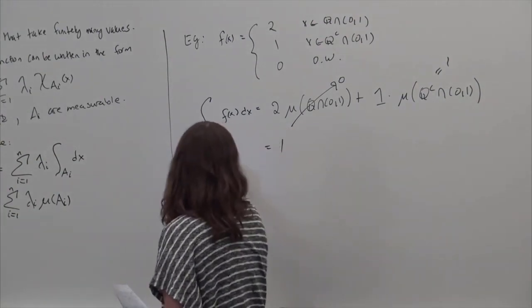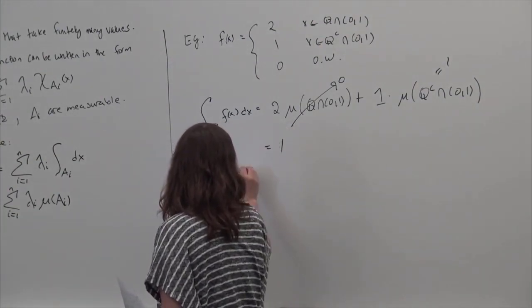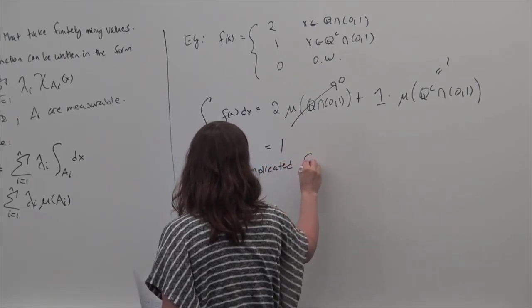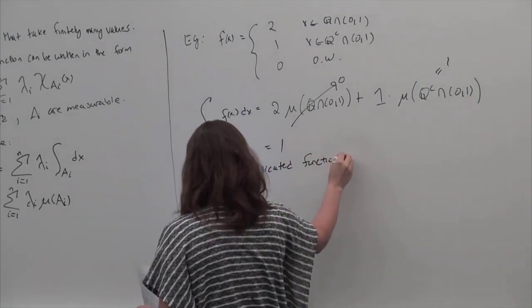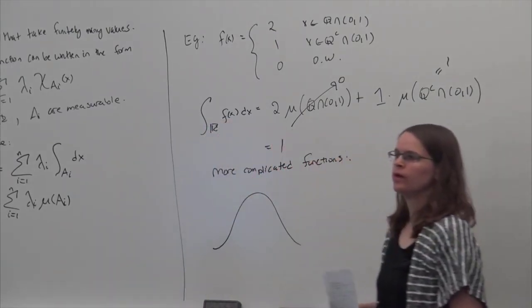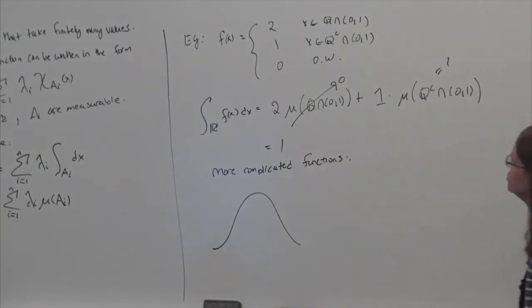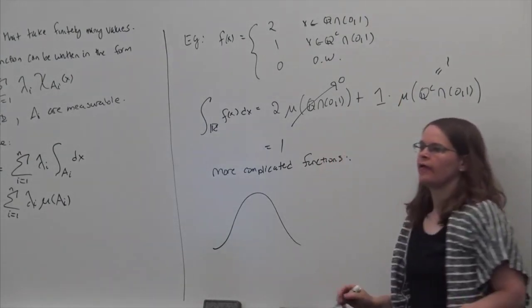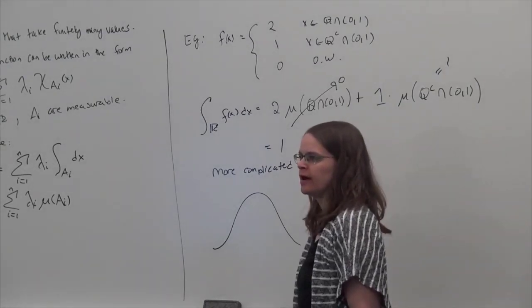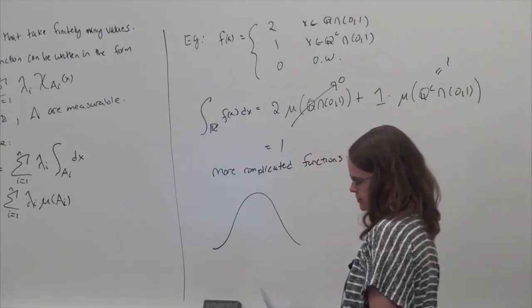So for more complicated functions, I'm going to draw it in a somewhat simple way because it's hard to draw functions that look like this. But we're going to take this and say, let's approximate it by simple functions.